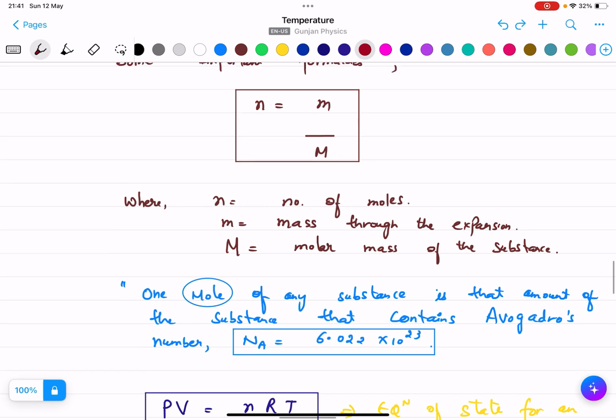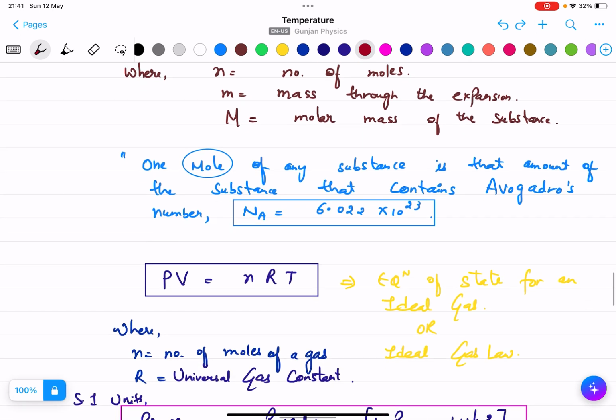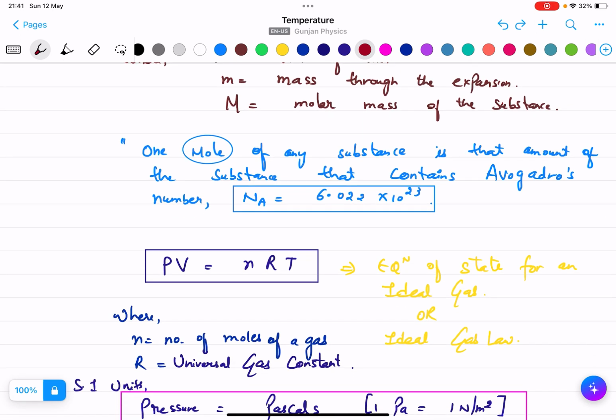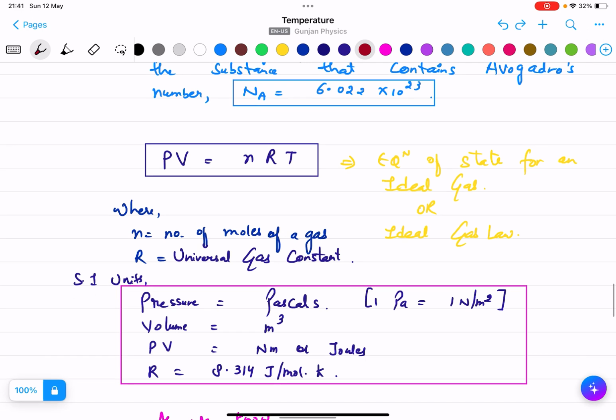So you need to remember the formula n equals m over M. And there is the ideal gas equation, PV equals nRT. P is the pressure and the unit is pascals.